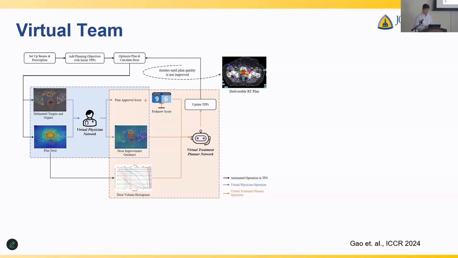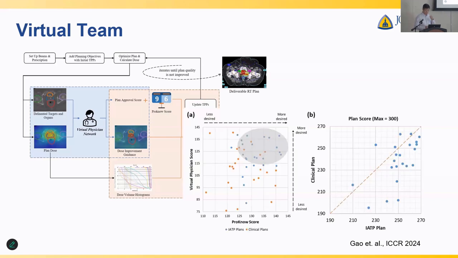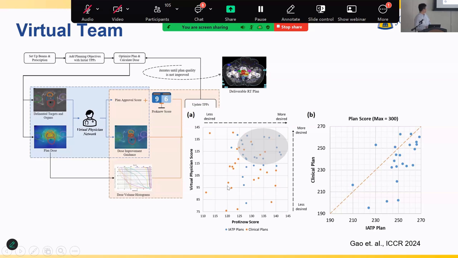The data is a bit scattered, but overall, what I'm showing here is the comparison between the plan scores with and without using the physician's preference. Without using the preference, that's the red dot. I don't know if you see my mouse. Yeah, that's here. The clinical plans done by humans are more scattered, with the plan scores all over the place.